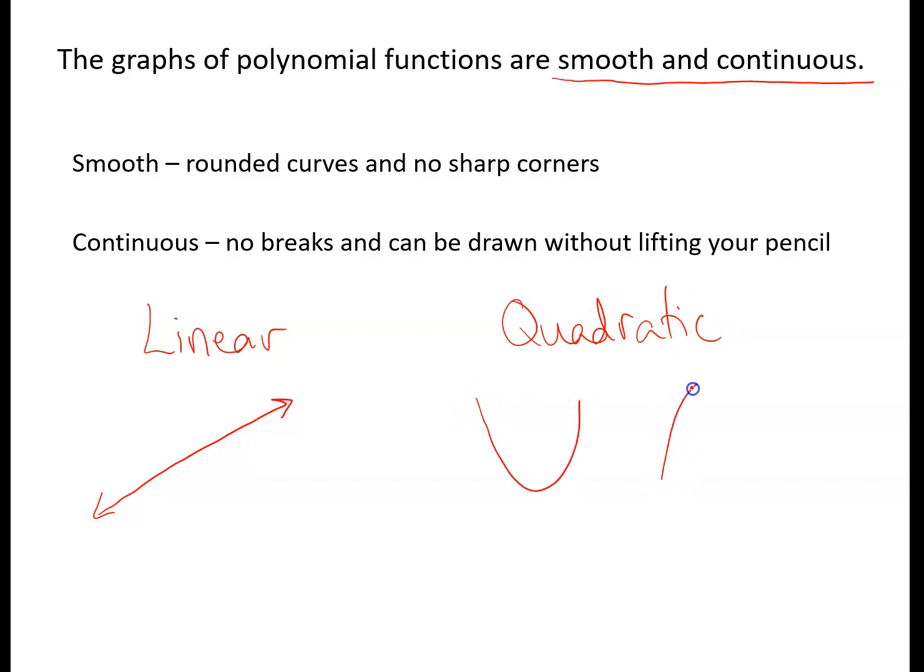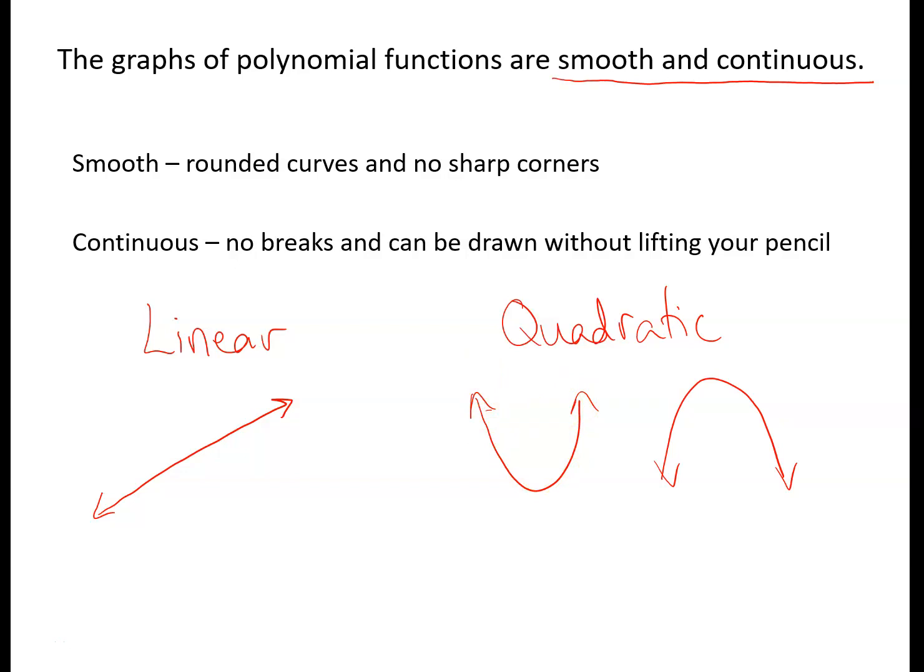They may open up, they may open down, but notice they are smooth. They are rounded curves, and they are continuous. One smooth curve, there's no breaks in it. We can draw it without lifting the pencil.